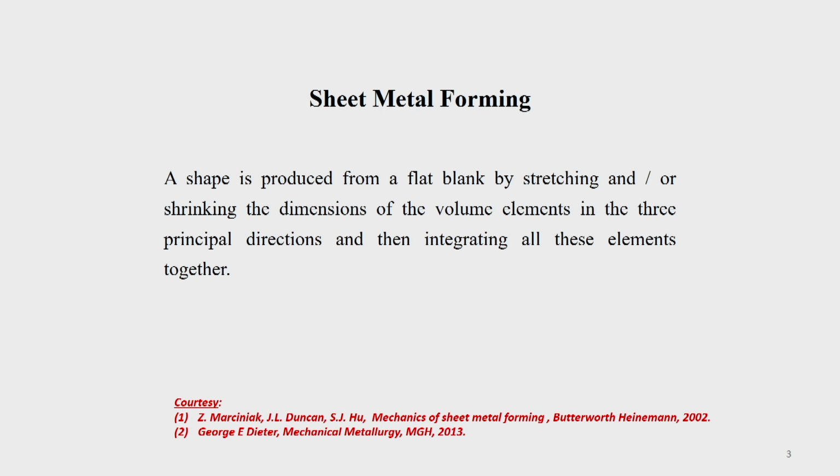So, the sheet metal forming operation, what is it? That means any shape is produced from a flat blank by stretching and or shrinking the dimensions of the volume elements in three principal directions, and then integrating all these elements together.